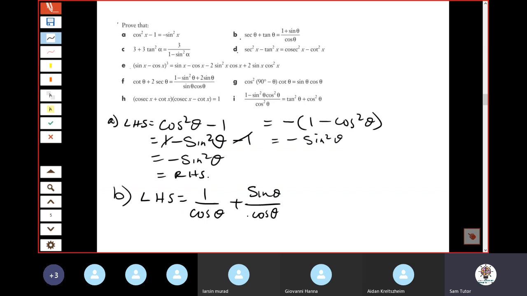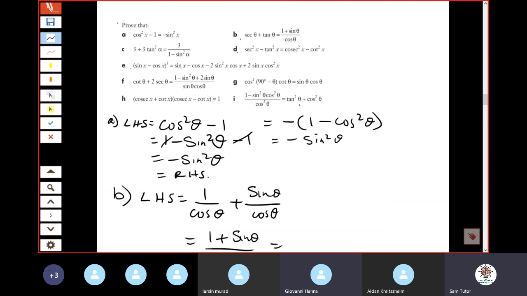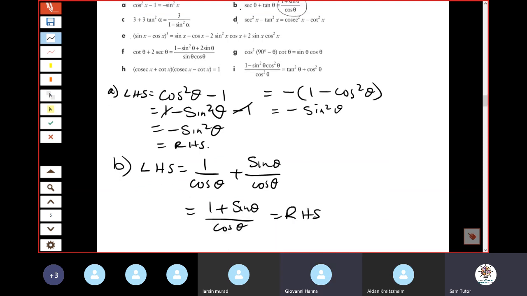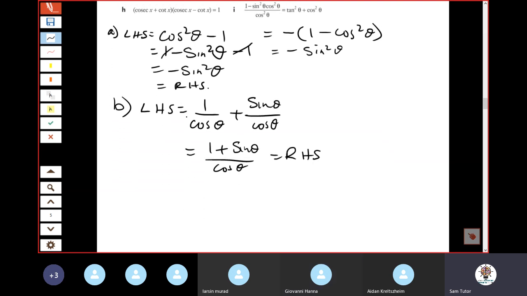They're over the same denominator, so you just leave it. What does the top become? 1 plus sine theta over cos theta, which equals the right-hand side. Done. Make sense? That was easy. All right, number 3.